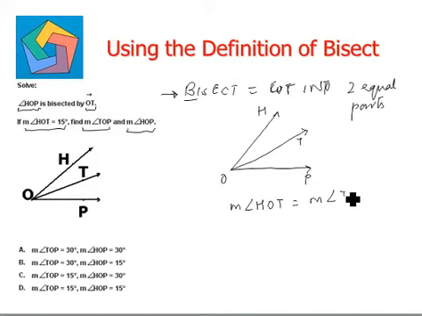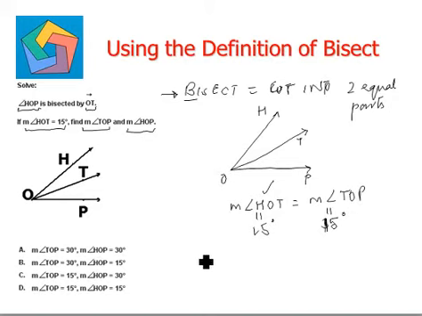We are given the measure of angle HOT as 15 degrees. This implies that measure of angle TOP is also 15 degrees because it's being bisected by ray OT. Therefore HOT equals TOP.